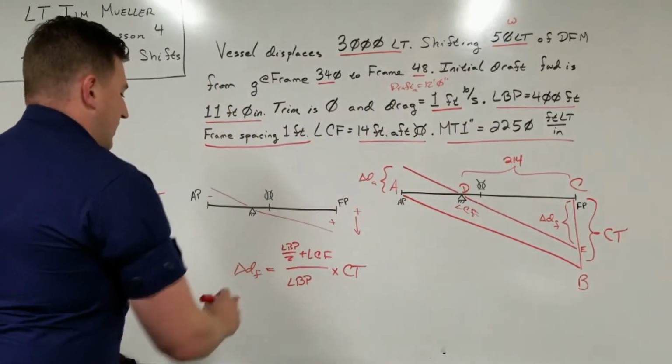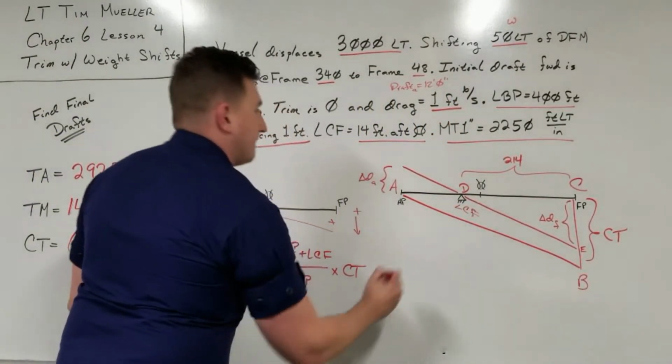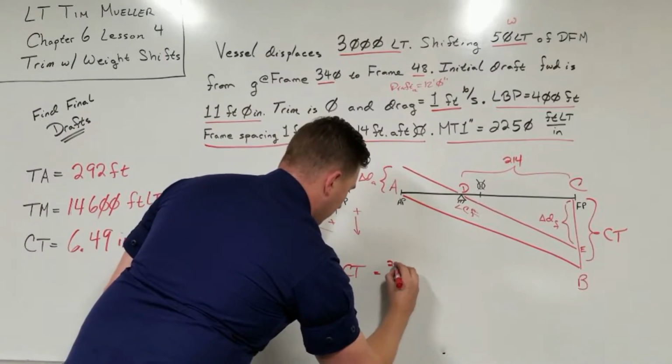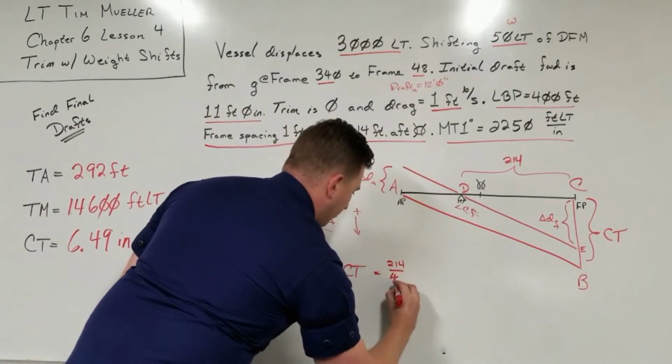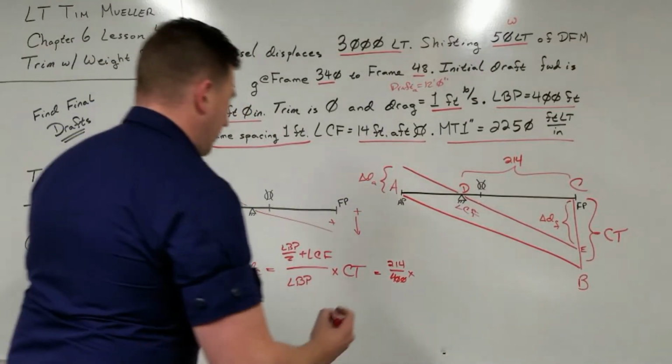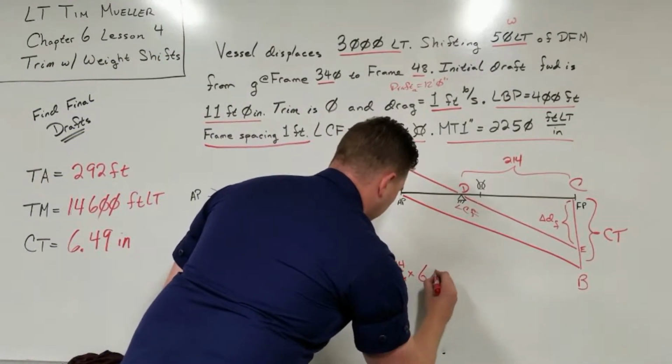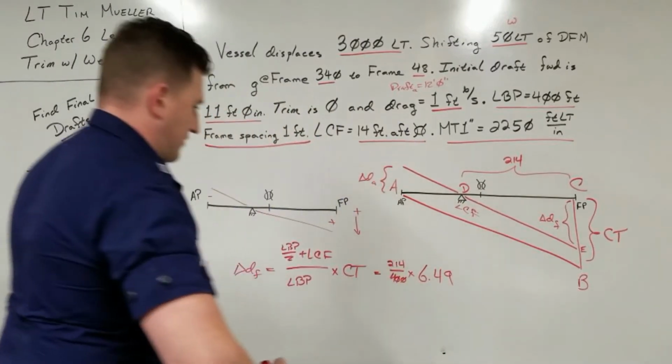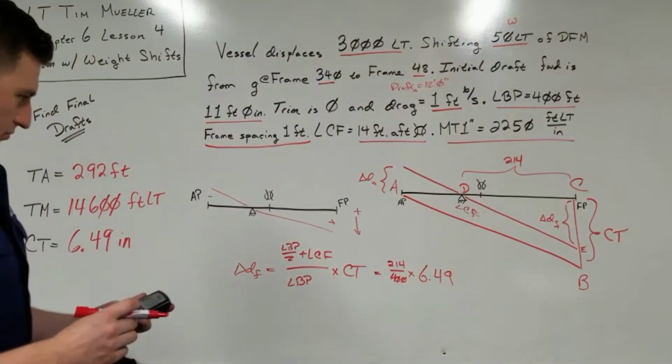Applying that, I now have 214 divided by 400 times CT, which was 6.49. That's going to be right around 3.5-ish.